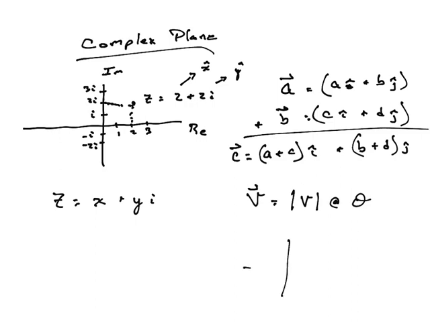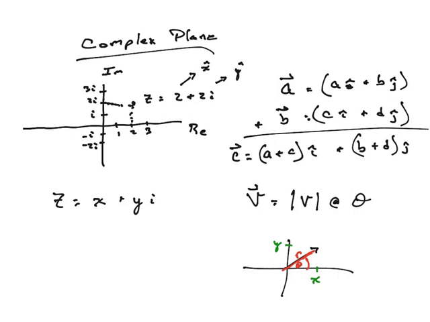So if we have some random vector that points out in some direction, you could either think of, well, what's the x component and what's the y component? And then you'd have x in the x direction plus y in the y direction, and that is your vector v. Or you could think of it as a magnitude, that is the length of the vector, in a direction, theta, the angle that the vector points out in.